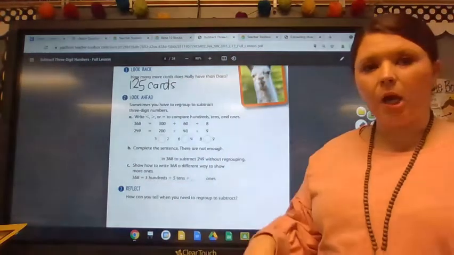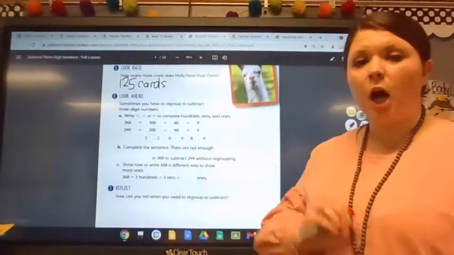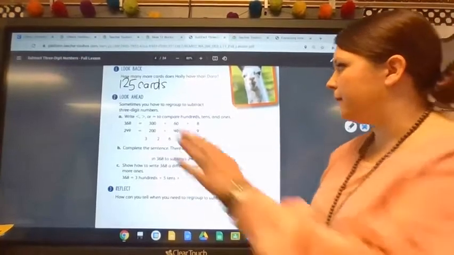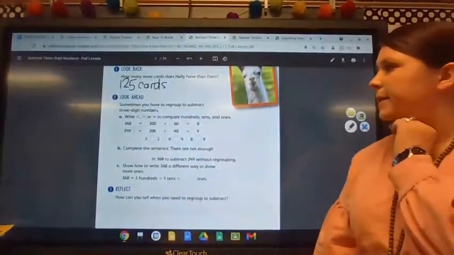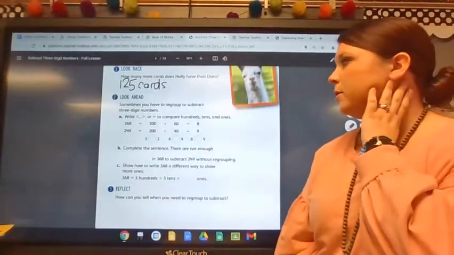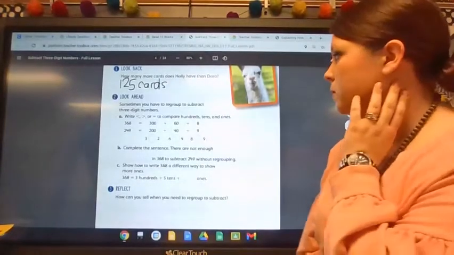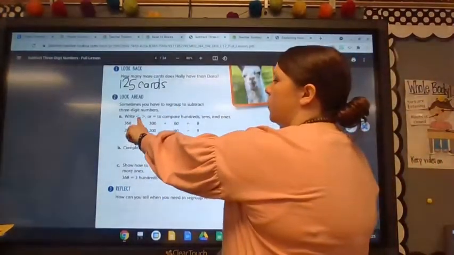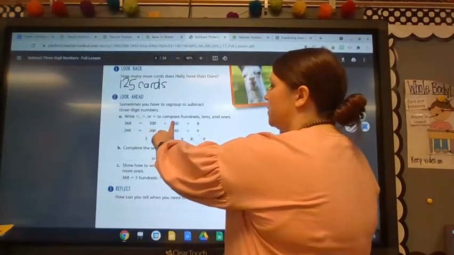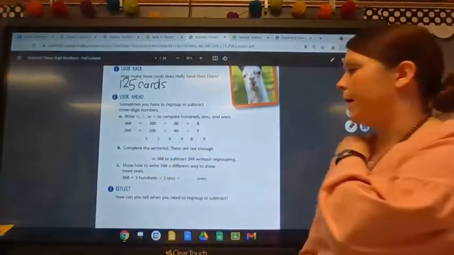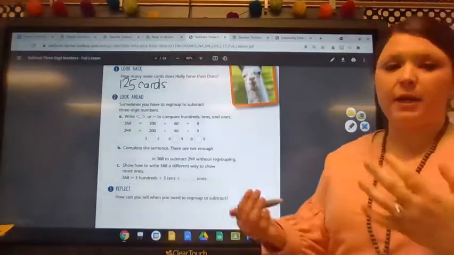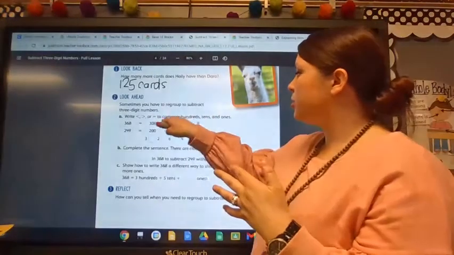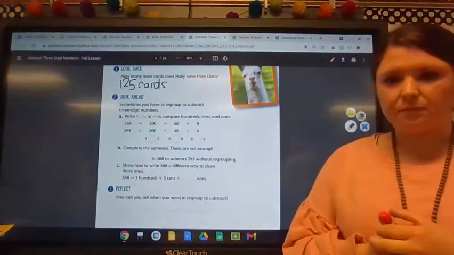All right, now it's going to help us to solve problems in the future by this look ahead. It says sometimes you have to regroup to subtract 3-digit numbers. Write less than, greater than, or equal to compare hundreds, tens, and ones. So in 368, they've written in an expanded form, 300 plus 60 plus 8.